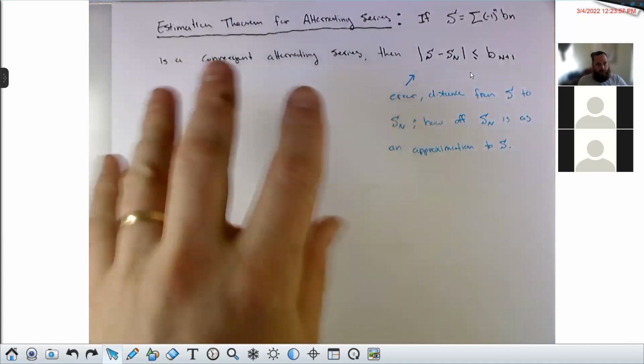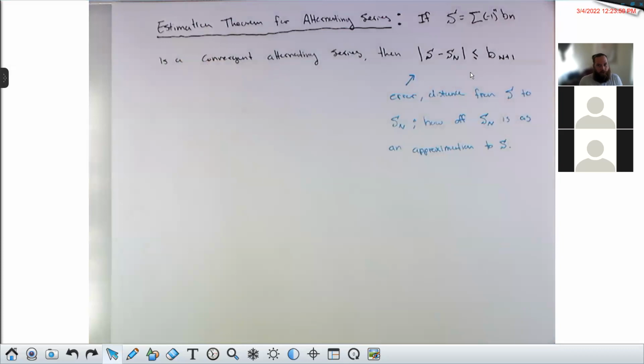What this theorem allows us to do is to be quantitative about the error. So if I say approximate this sum with error less than 0.01, we can do that now. The theorem guarantees that the error is smaller than the next term of the series.